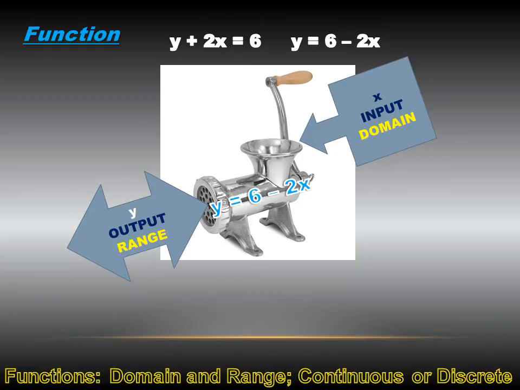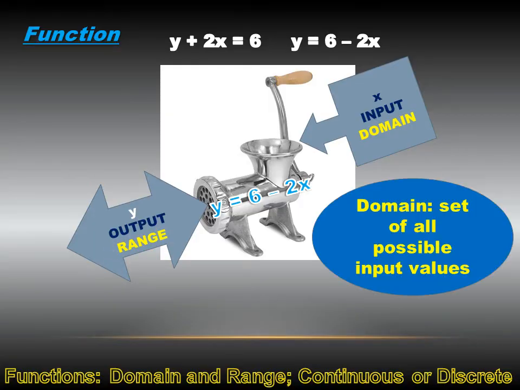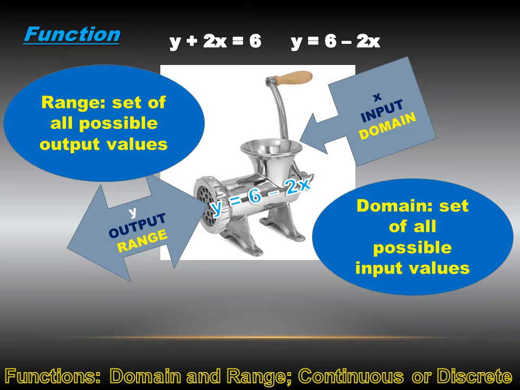And the whole set of potential y values is called the range. The domain is all the possible input values, all the possible values of x that you could put into the function. And the range is the set of all possible output values. It's the set of all the potential values of y.